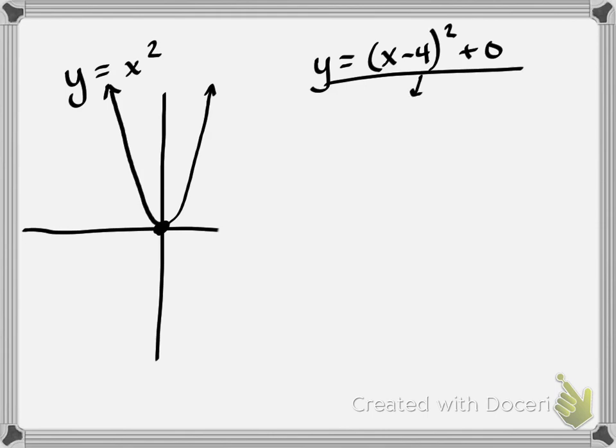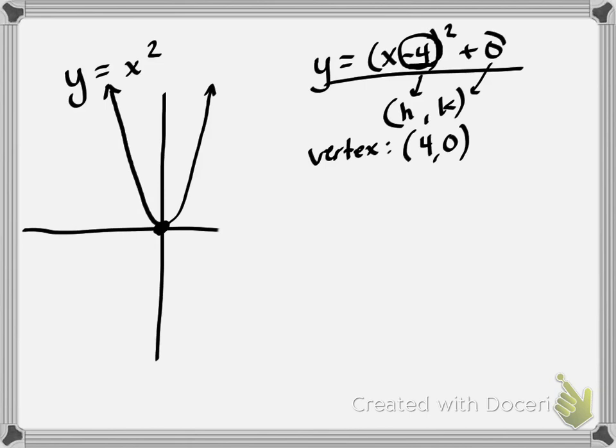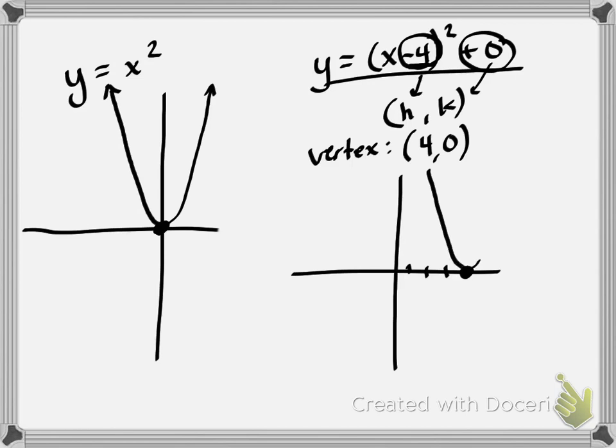This is like my h, and this is my k. And remember that if this were negative, then my vertex, when I pulled off that number, would be 4, 0. This one changes signs, this one does not. So really what we say is my vertex, instead of being at 0, 0 like we had on this first one, is going to be at 4, 0, and it's going to look like this.